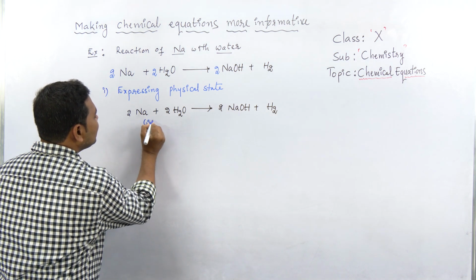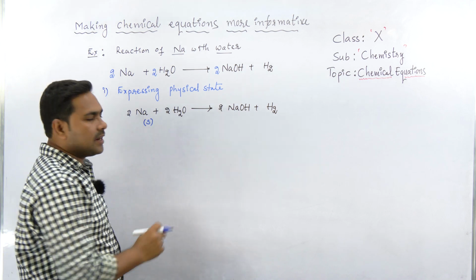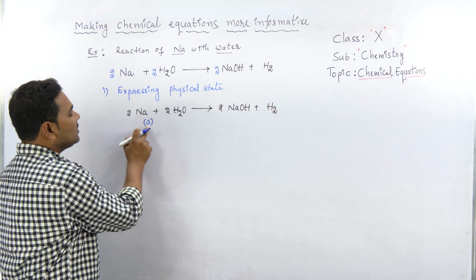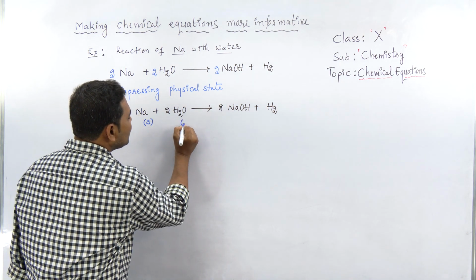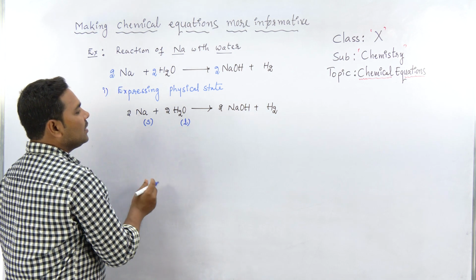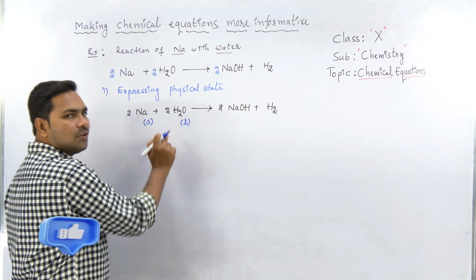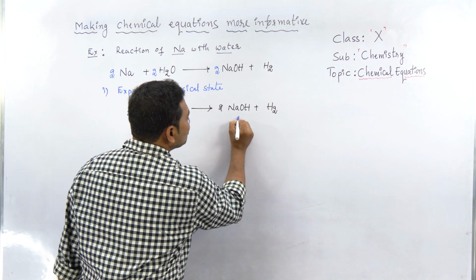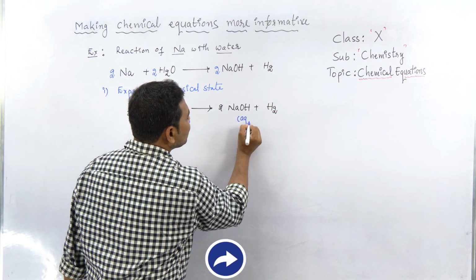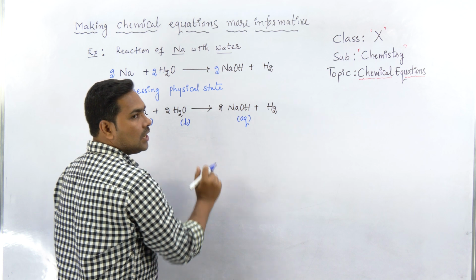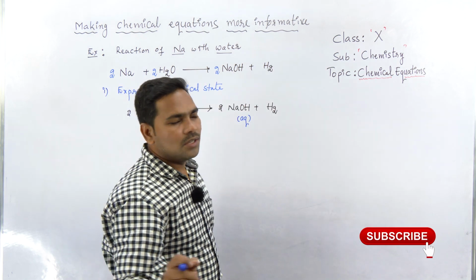For representing this solid, I'm writing S in the bracket. This S represents that the substance is solid, and the physical state of water at room temperature is liquid. Here solid sodium is reacting with liquid water to produce a solution of sodium hydroxide. For solution, I'm writing aq, representing aqueous solution.